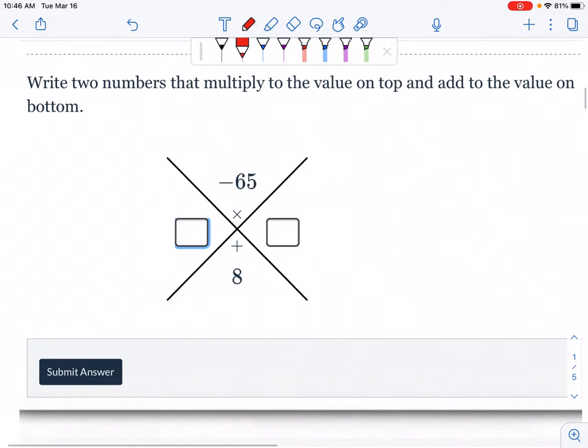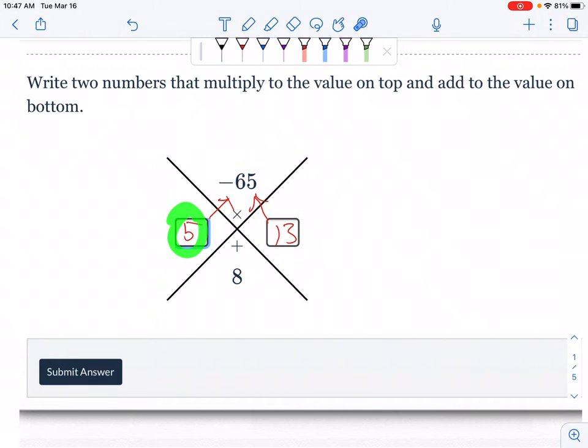And then here, negative 65, it should be 5 and 13. So 5 times 13. And you can use the chart that's posted to the classroom for this. And then 5 times 13 does make 65, but one of them needs to be negative.